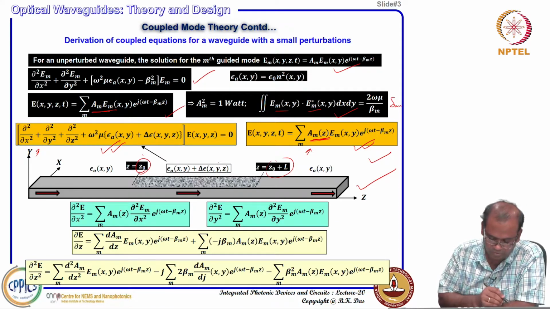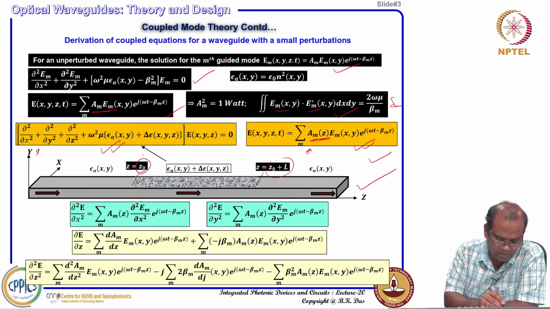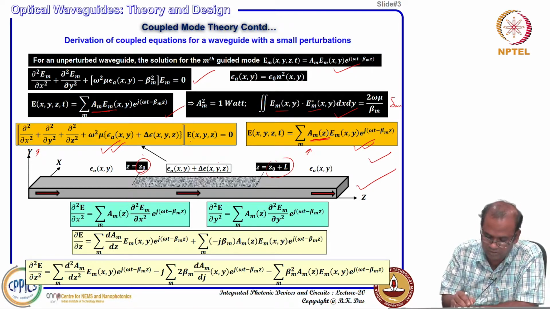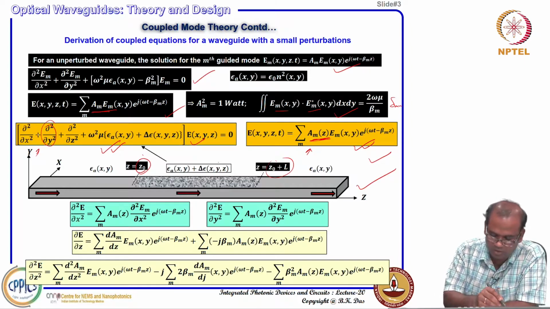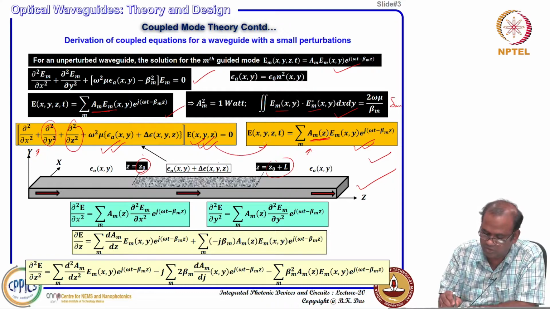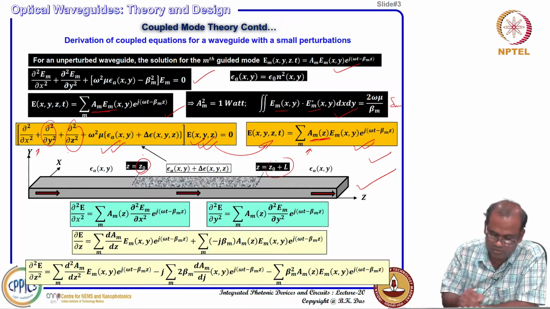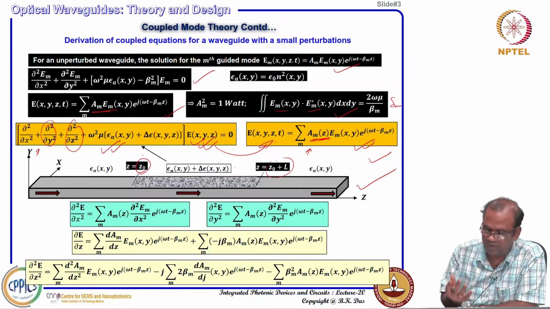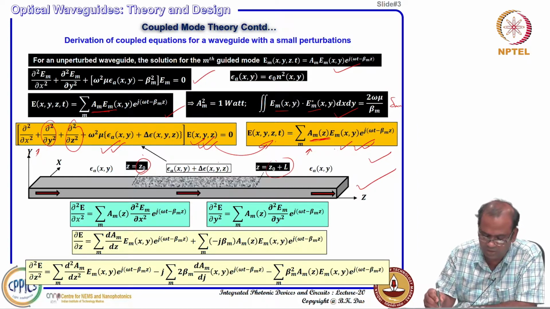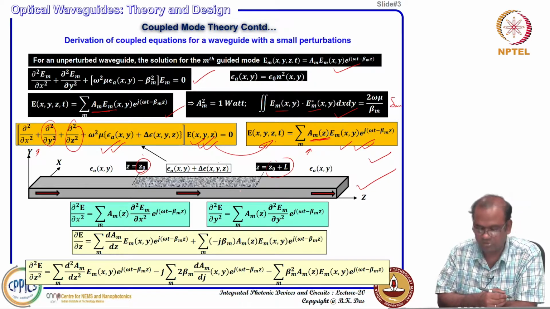What I have to do is find del 2 del x 2 of E, what is the value of this one, this being the solution I have considered. The main thing is that to solve this differential equation, you just insert the assumed solution there and see what the outcome is.